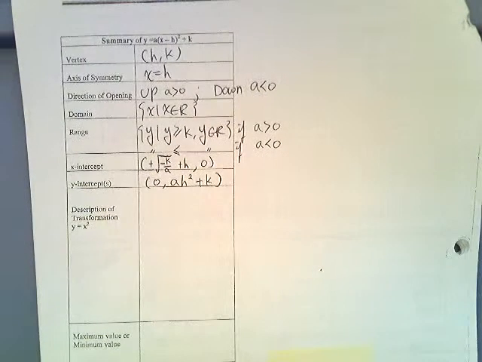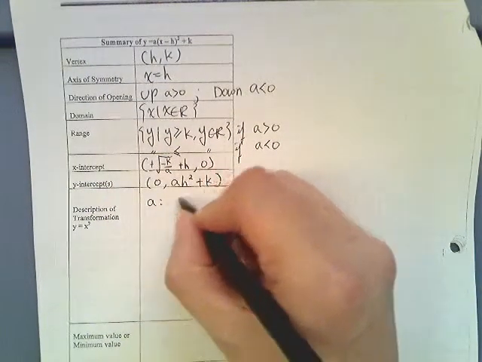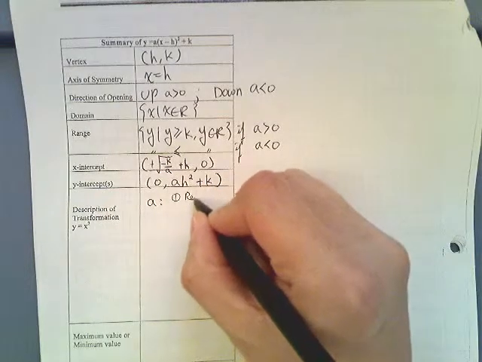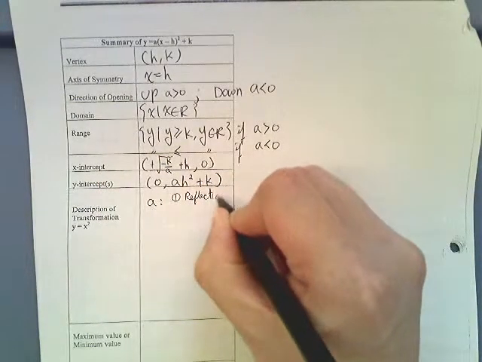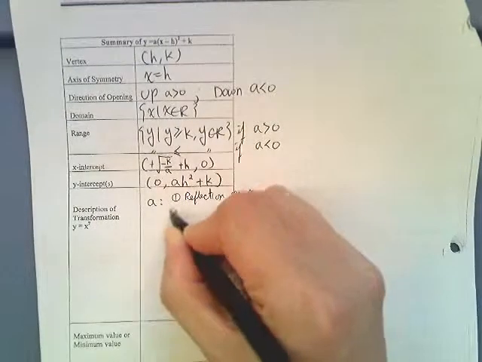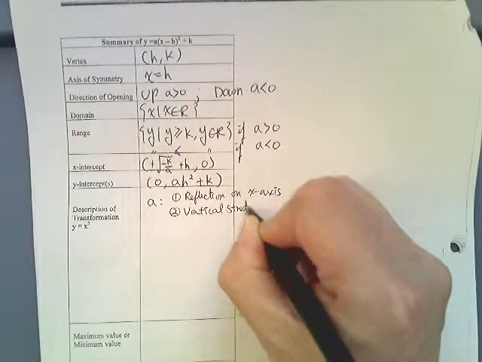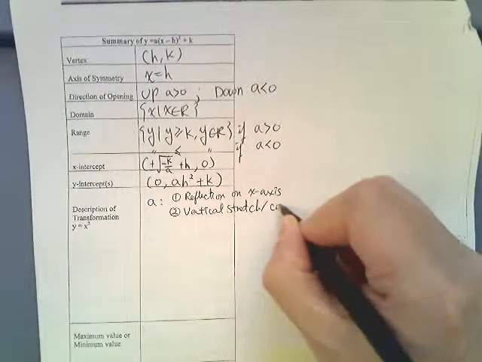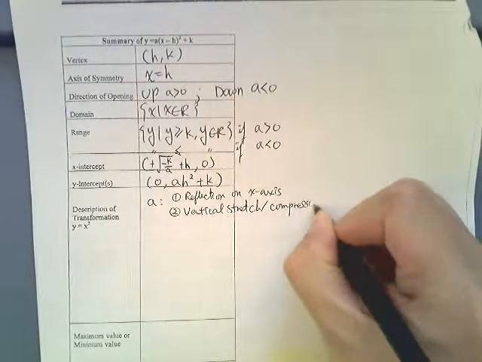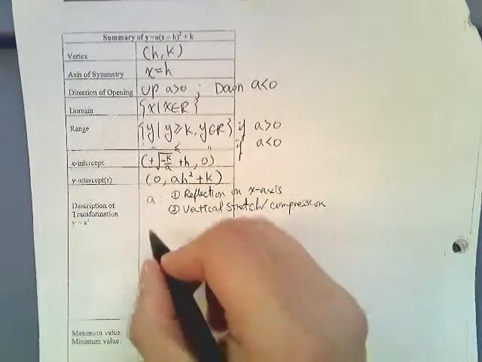Now for the description, for a we do two things: either reflection on the x-axis, or vertical stretch or compression. Everyone knows how it works, so you should know how it works.